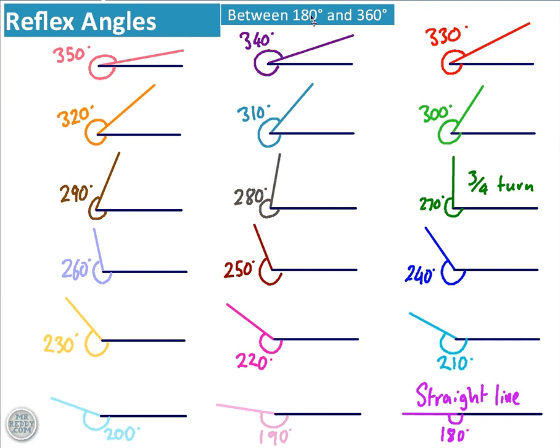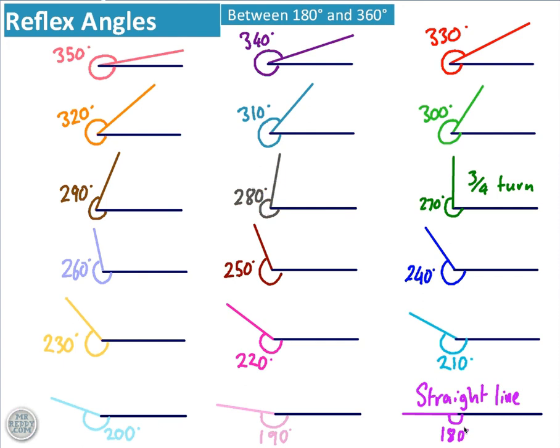So I've started to go down from 360 and I got to 350 first, then 340, 330, 320, etc. all the way down to 270, which is a 3/4 turn, and then I kept going: 250, 240, 230, 220, 210, 200, 190, and then we get down to 180 degrees, which is not a reflex angle, it's a straight line. It has its own special name.